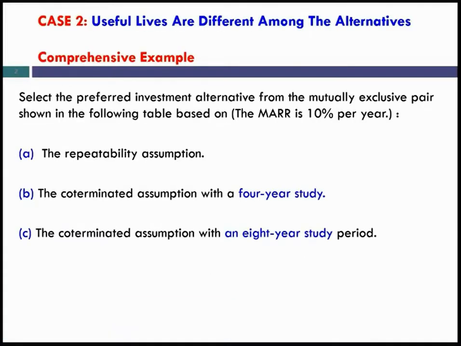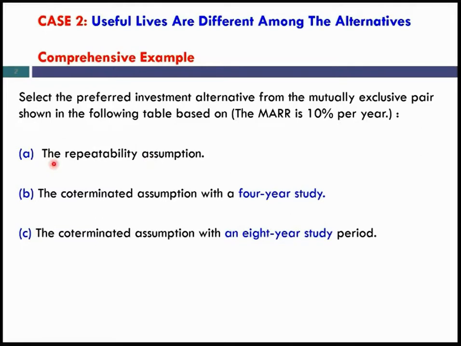So let's consider this example for this purpose. And in this one, simply we are going to compare two mutually exclusive alternatives. Remember, mutually exclusive means that when you select one of the alternatives, the other one is automatically excluded. And the MARR is given as 10%, and there are three parts of the question.